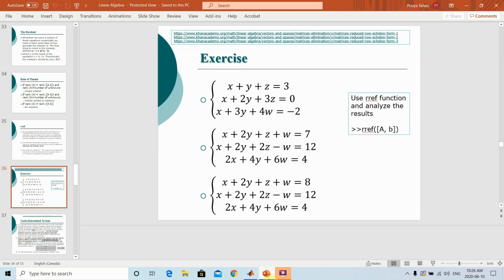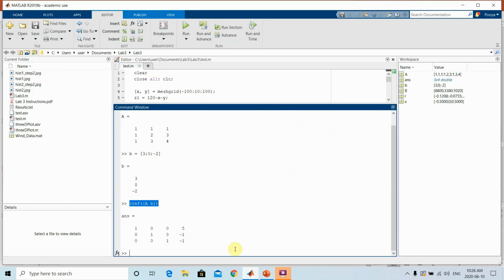So this system is underdetermined. Okay, let's go to MATLAB and see what the reduced row echelon form can help us in this case. This is going to be 1, 2, 1, 1, 1, 2, 2, -1, 2, 4, 0, 6.